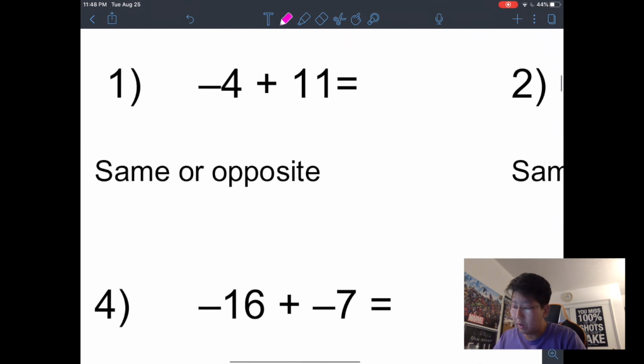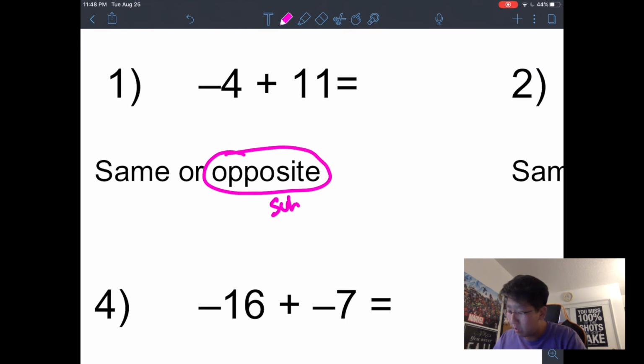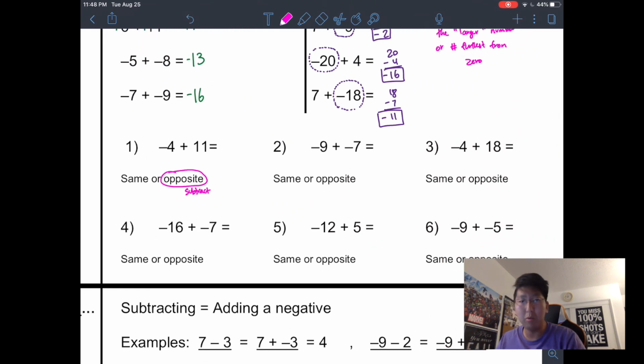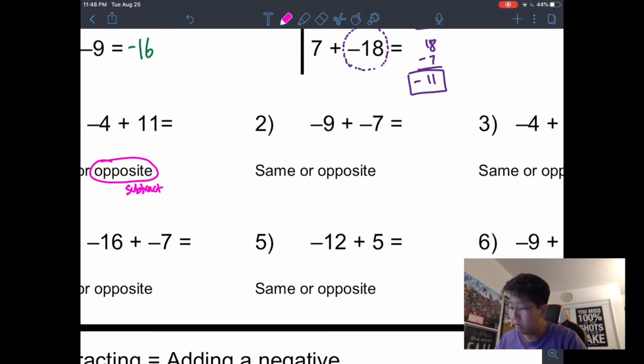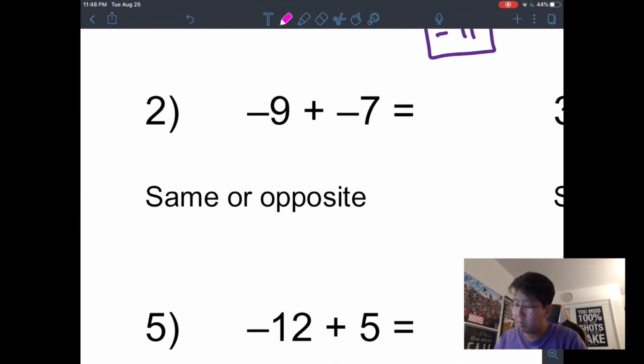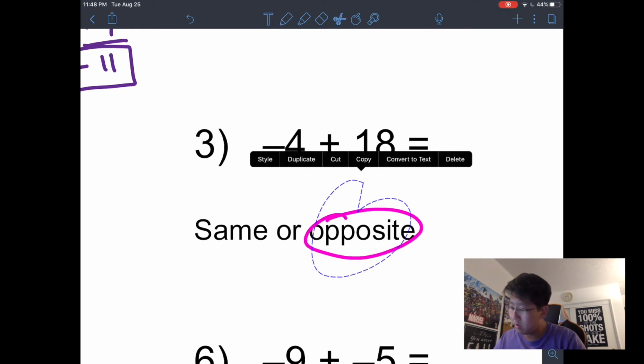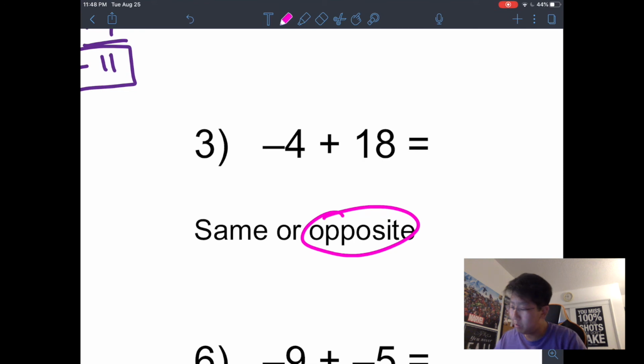Number 1, they're opposite signs, which means we are going to subtract. Okay? I want you to take a second. Answer numbers 1 through 6, just like this. Okay? Sweet. So, here, number 2, negative 9 and negative 7, they're the same, so we're going to add, right? And we're going to keep the sign. Right here, opposite, which means we're going to subtract.